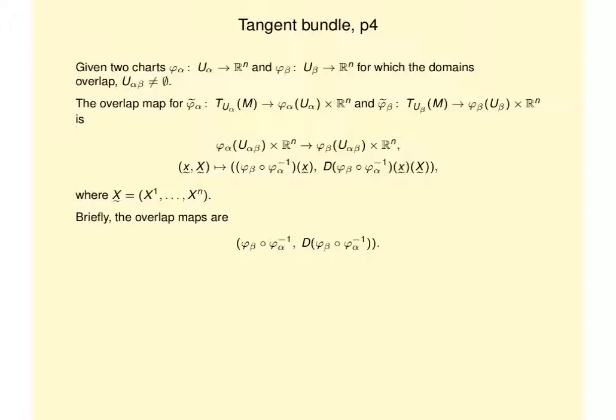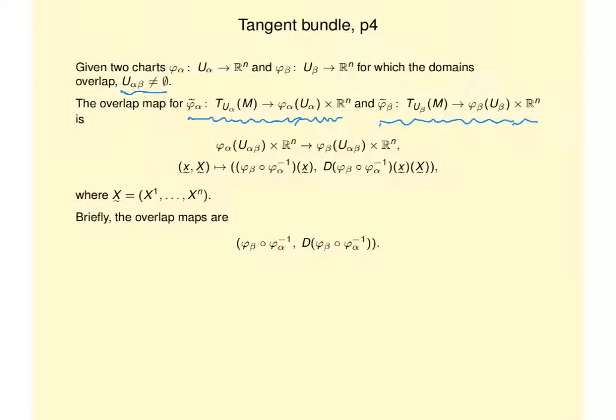So I want to look at the overlap maps. I take two charts, phi alpha and phi beta for M, and I'm assuming that they overlap, so the intersection U alpha beta isn't the empty set. And I'm going to derive from them the two charts for the tangent bundle, phi tilde U alpha and phi tilde beta.